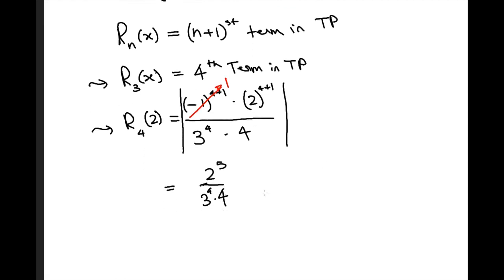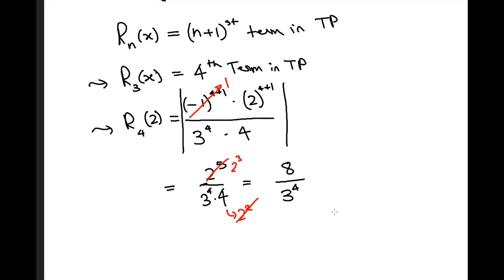Okay? And now we can do a little bit more simplifying. So you'll realize that this 4 is just 2 squared, right? So that and that will cancel out to give you just 2 to the 3rd, right? So what we'll be left with is 2 to the 3rd over 3 to the 4th, which is just going to be 8, right?